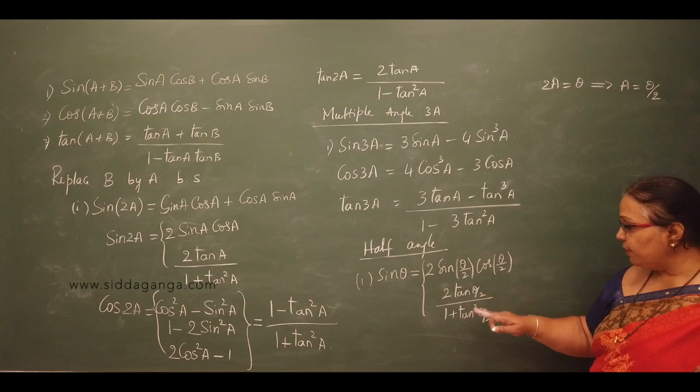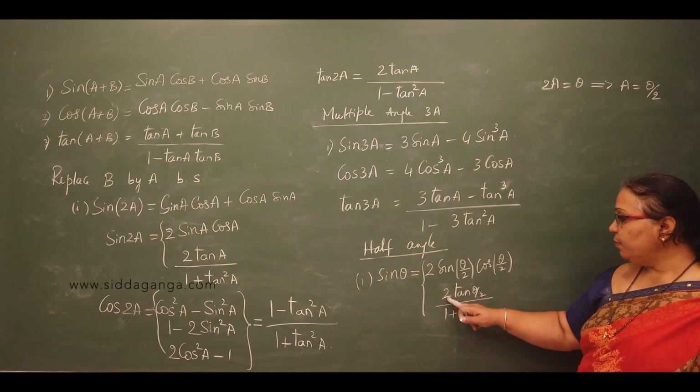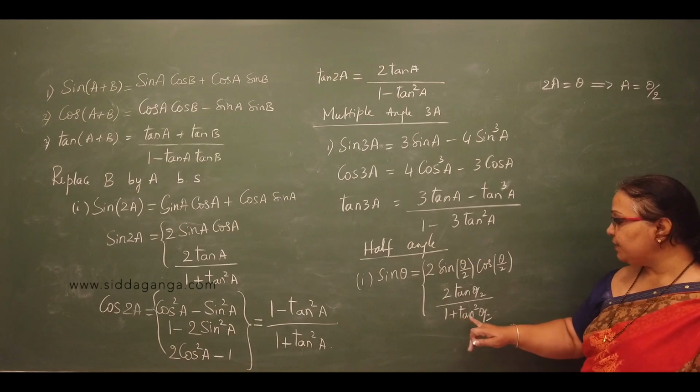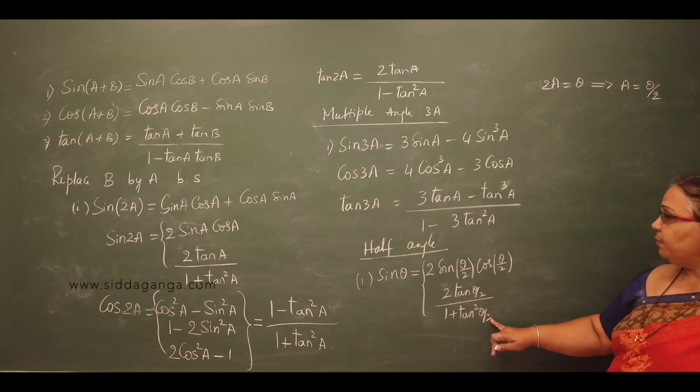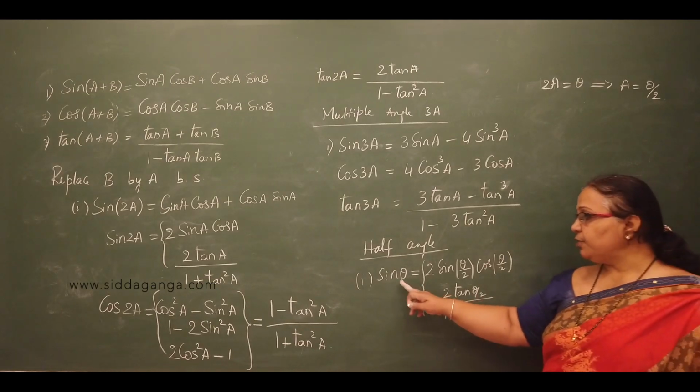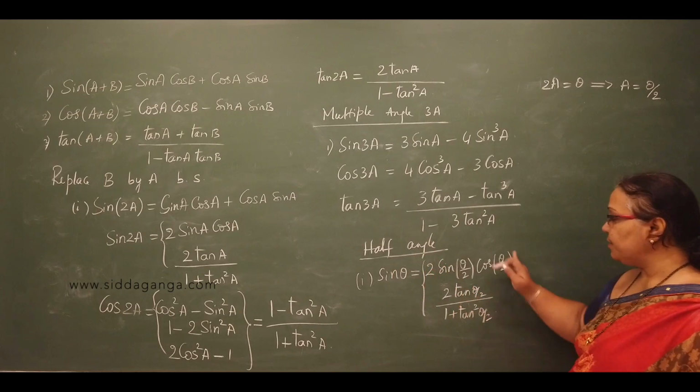Only in terms of tan ratio, it is 2 times tan theta by 2 divided by 1 plus tan square theta by 2. The factors are the same as in the case of the 2A result, but the angle is half of that angle. So that is the result of the sine ratio, the half angle expressions.